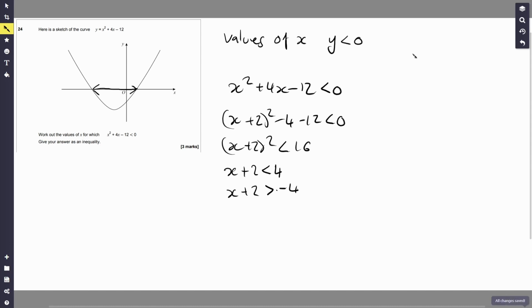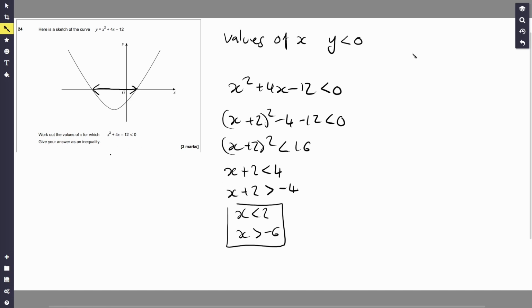And because this one's the minus, the sign switches. And then we can simplify that further into x is less than 2, and then x is greater than minus 6. And that's our answer there.